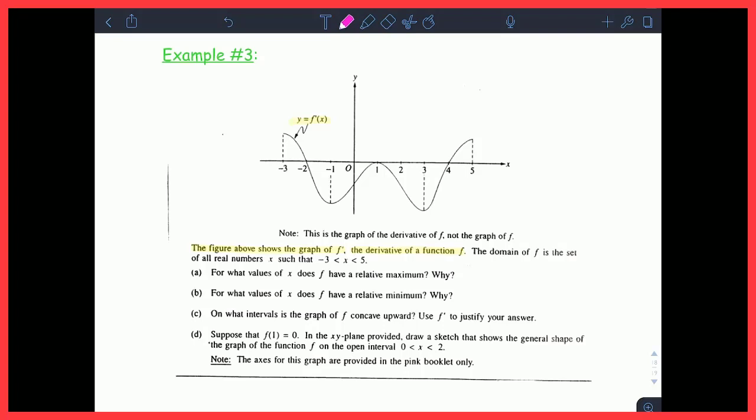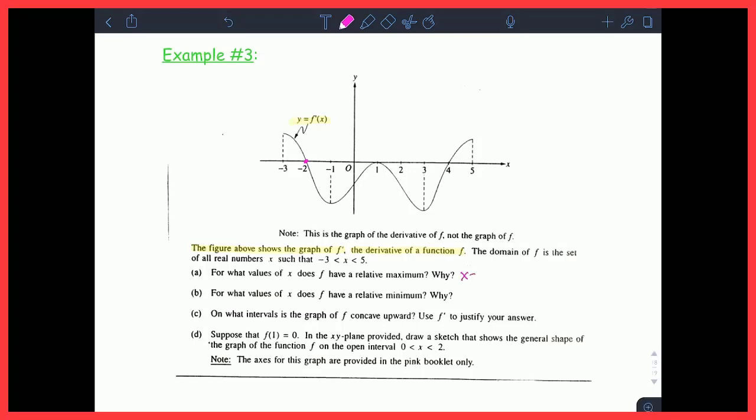The words go on to say the domain of f is the set of all real numbers between -3 and 5, not inclusive. A: for what values of x does f have a relative maximum? I have a relative maximum when, looking at the derivative, the derivative changes from positive to negative. So I need to cross the x-axis. Changing from positive to negative occurs right here at -2.